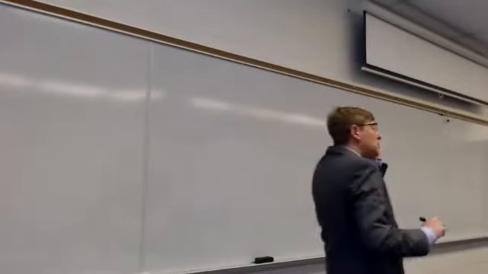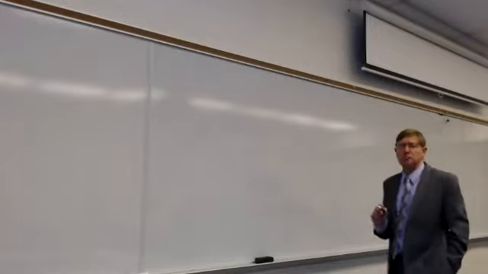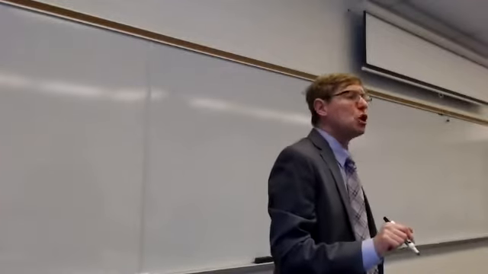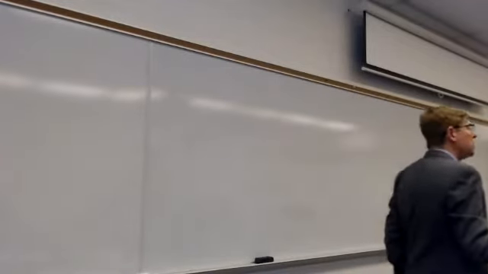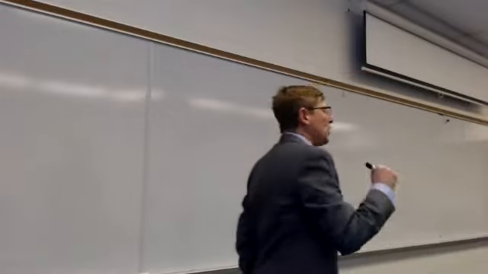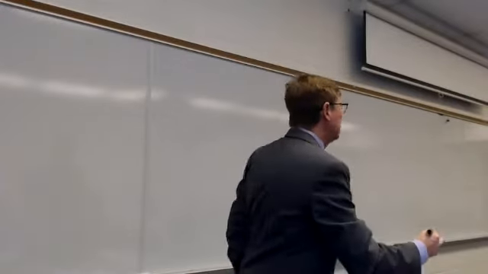Folks, today I'm going to be talking a little bit more about categorical syllogisms, and in particular, I'm going to be moving us towards one of the methods for testing syllogisms for validity. And I hope I'm not scaring anyone when you hear this word.